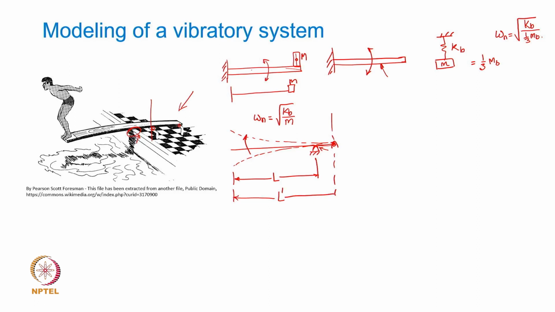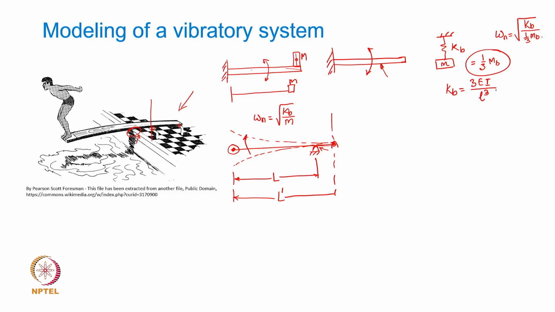Okay. So, your Kb, the bending stiffness of the cantilever, is 3EI over L cubed, of course with the assumption that the mass of the board is concentrated at the tip, and that mass we have approximated to be 1/3 of the total mass of the board.